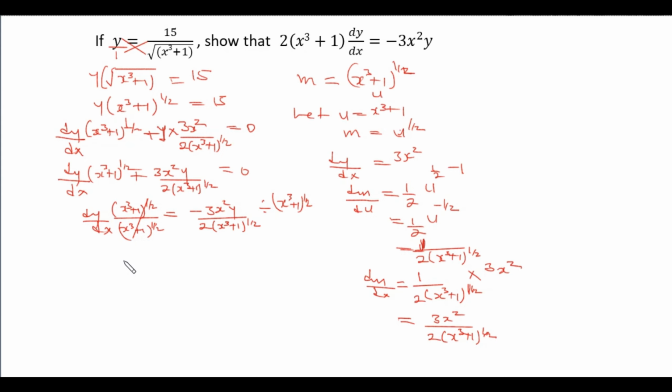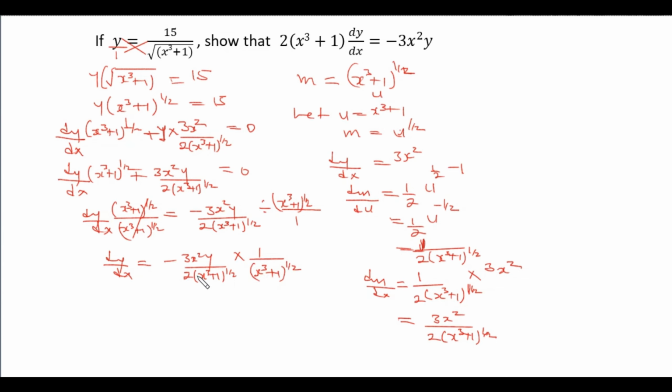So we are left with dy dx is equal to minus 3x squared y all upon 2 times (x cubed plus 1) raised to the power half. From BODMAS, this becomes 6 upon 1, 1 goes up and it changes sign. Bring down (x cubed plus 1) from BODMAS, raised to the power half.